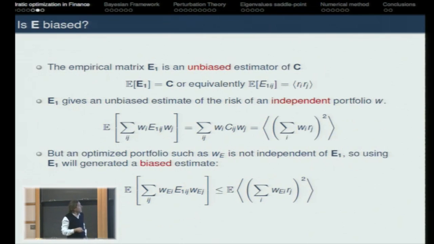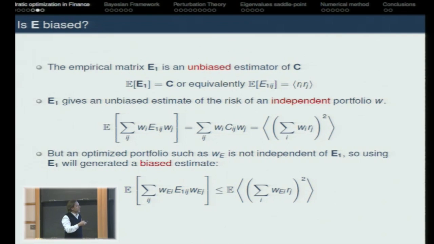Okay. So does that mean that the sample covariance matrix is biased? It depends what you mean by bias. Normally we say that the sample covariance matrix is an unbiased estimator of C because the expectation value of E is C. Here I'm using expectation values for the fact that I've measured E1, and if I did it over and over again on different data sets, I use this expectation value.